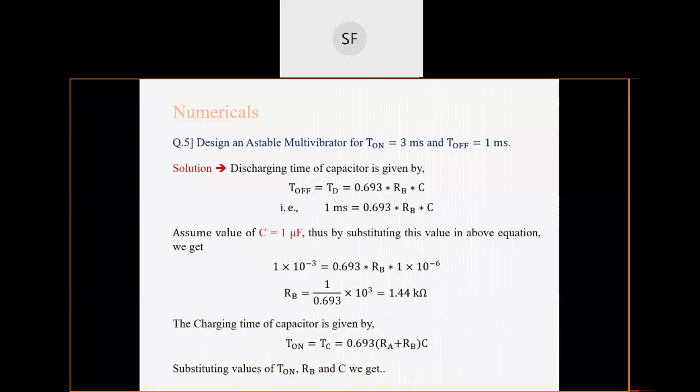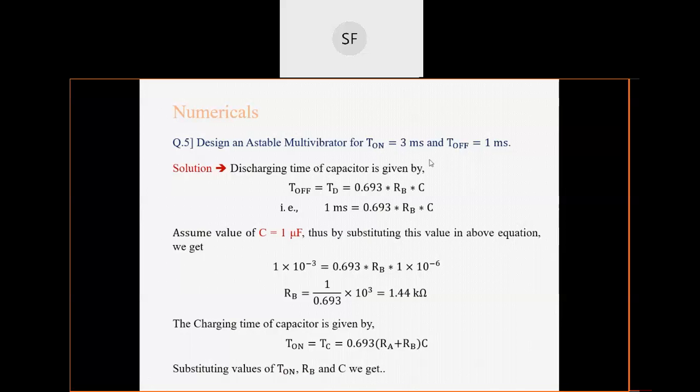One last numerical is there. Okay. So design an astable multivibrator for T on equals 3 millisecond and T off equals 1 millisecond.